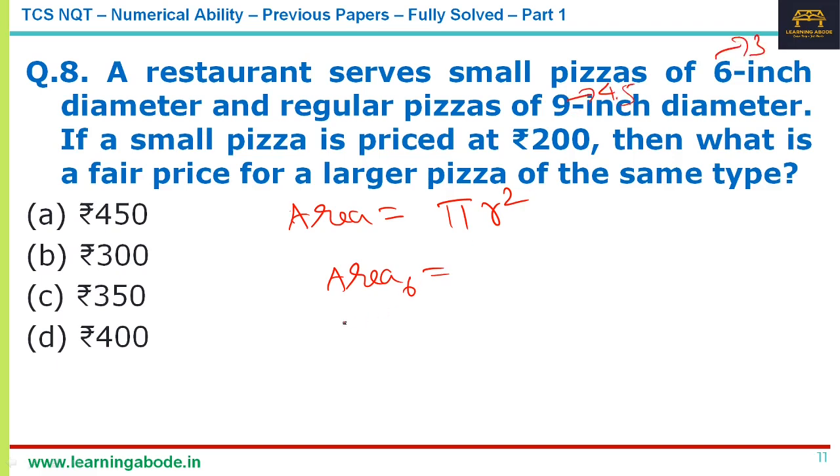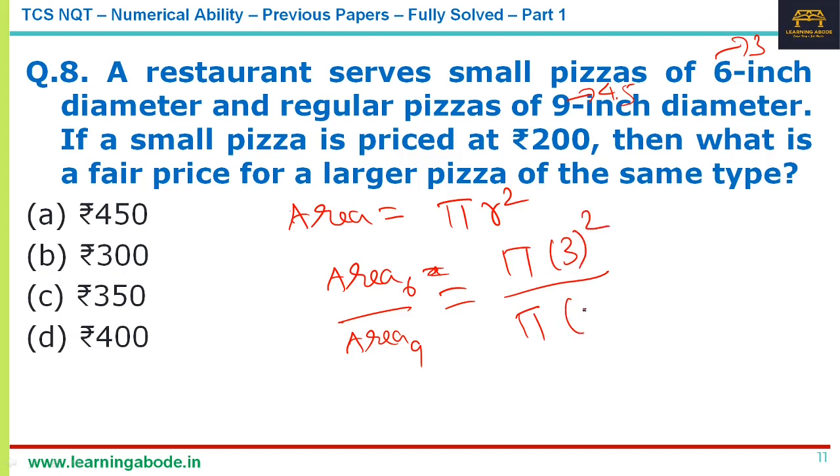So the area of the 6-inch by the area of the 9-inch is what we are supposed to calculate. Pi is common, but for clarity I'll write pi in both places. Here you write 3 square, and here 4.5 square. Pi and pi get cancelled, so you have 9 by 20.25.